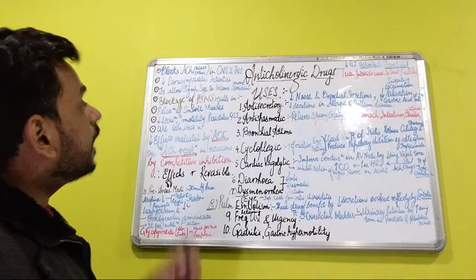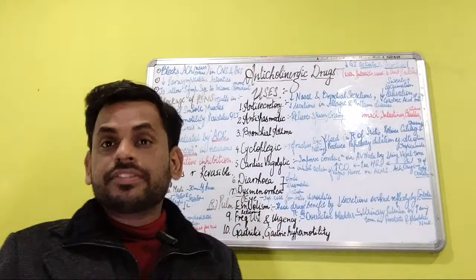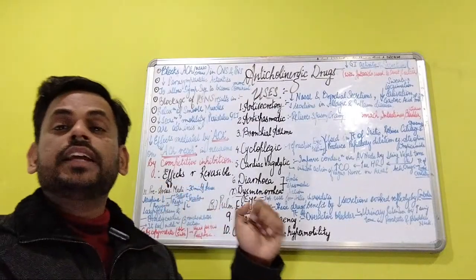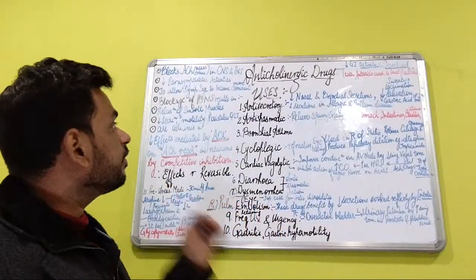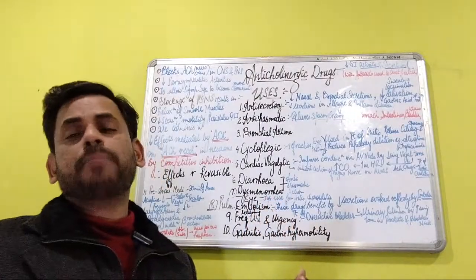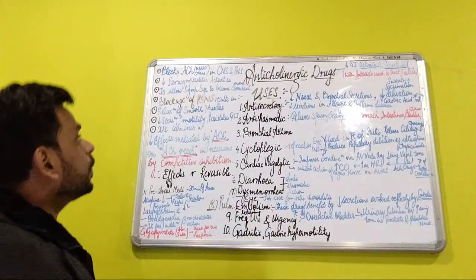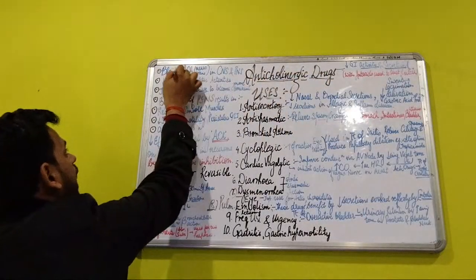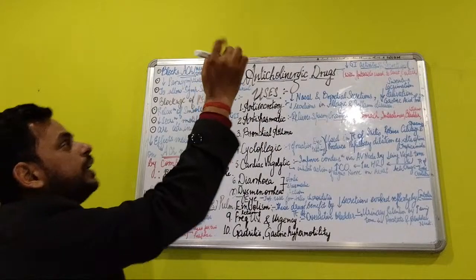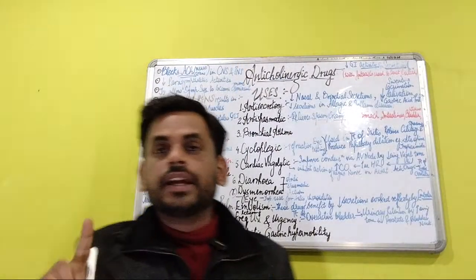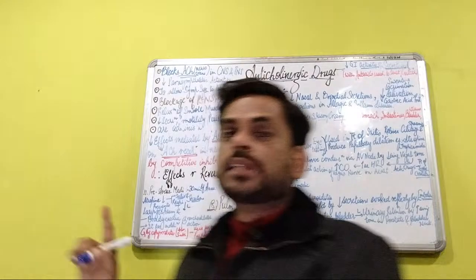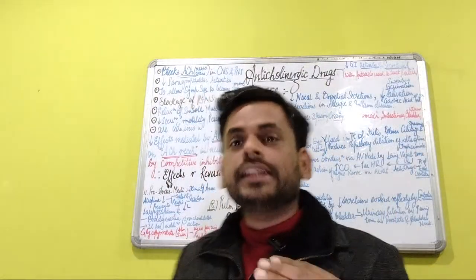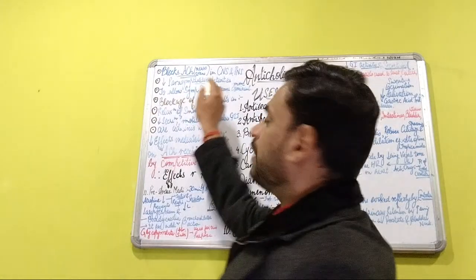How are they going to exert their effect? They exert their effect by decreasing the parasympathetic activities. They block the acetylcholine neurotransmitter in the central nervous system as well as in the peripheral nervous system, and they decrease the parasympathetic activities.